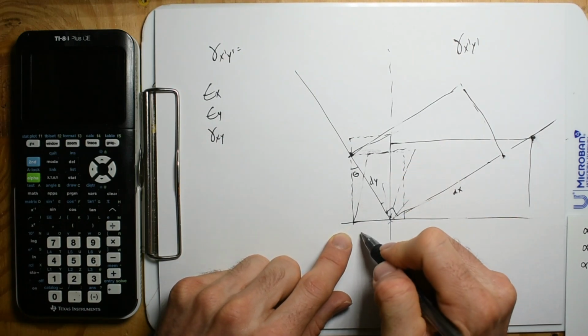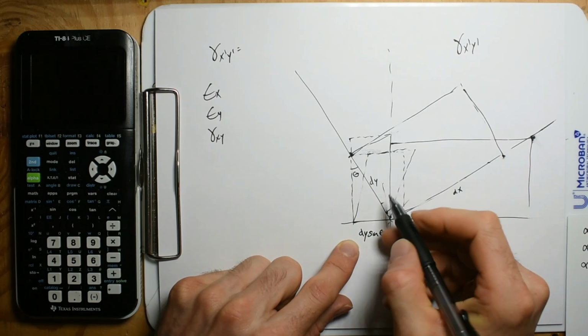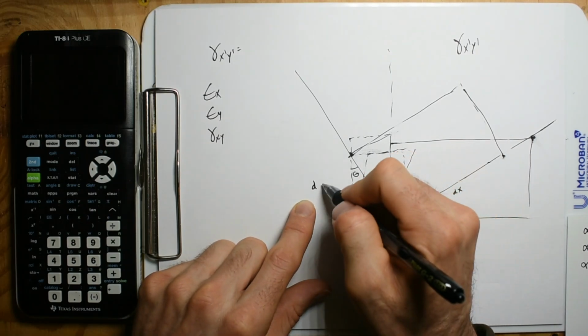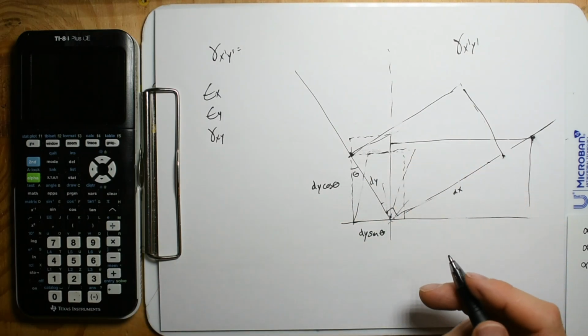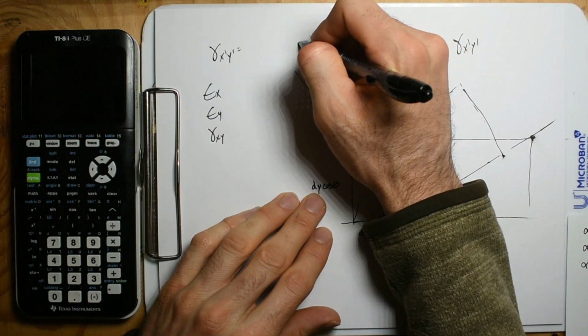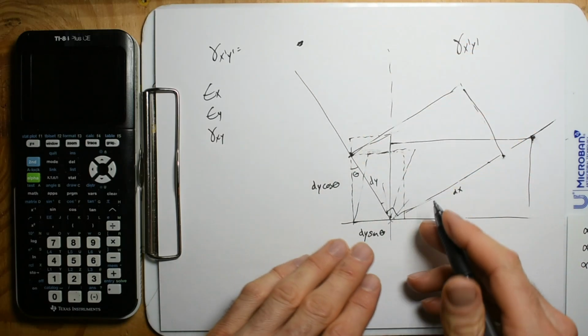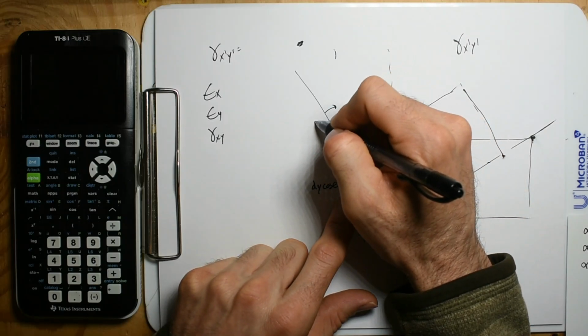This is theta, so this is going to be dy sine theta. This is going to be dy cosine theta. And then the only other thing is the angles that are going to occur, over here we're going to say these angles are beta.